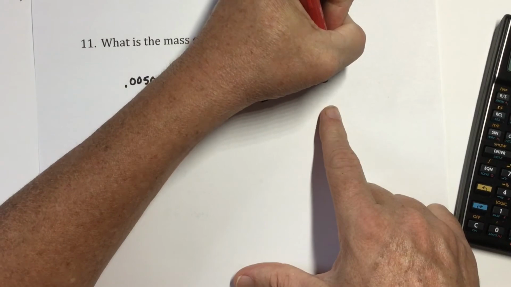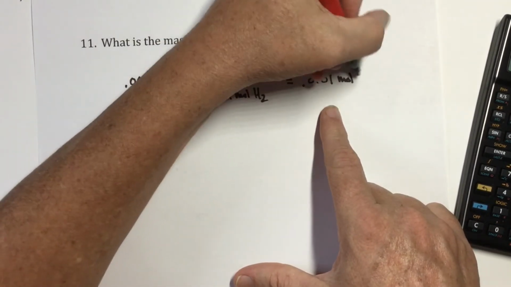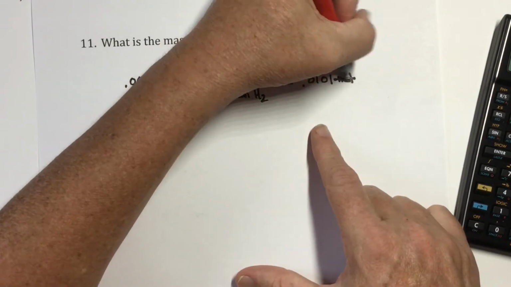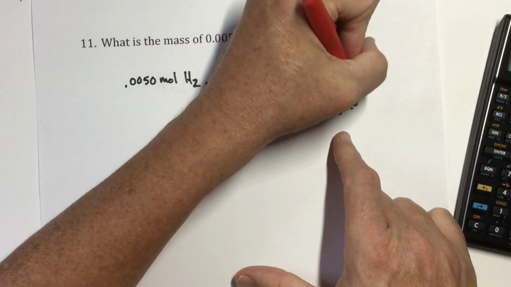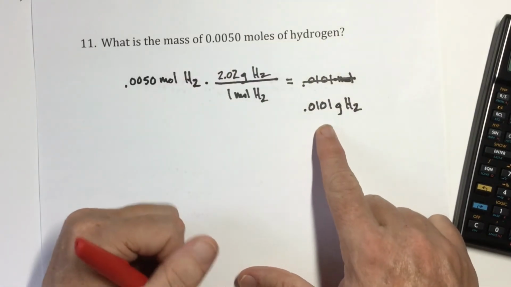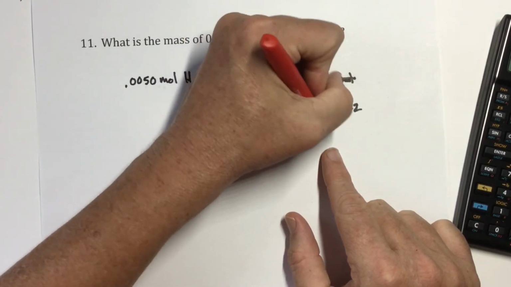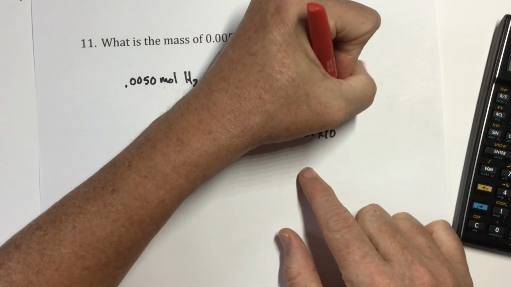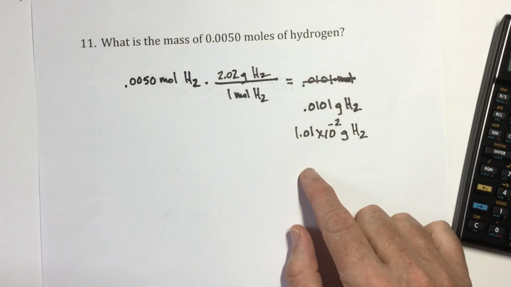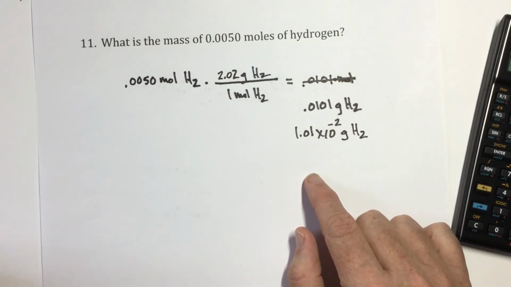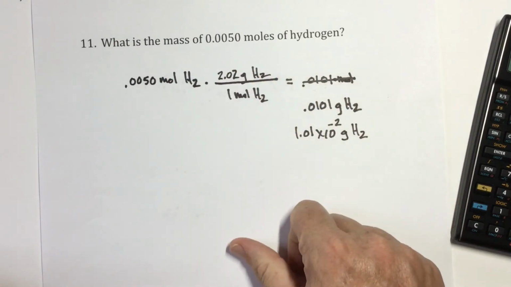So 0.0101 grams of hydrogen. If this bothers you about the sig figs, then write it this way: 1.01 times 10 to the minus 2 grams of H2. Yes, so a very small amount of grams does weigh 0.005 moles of hydrogen.